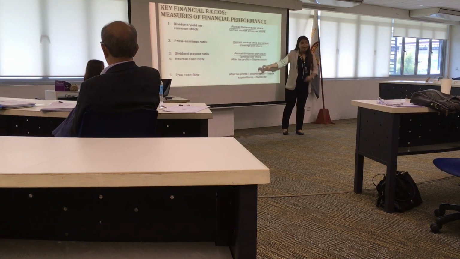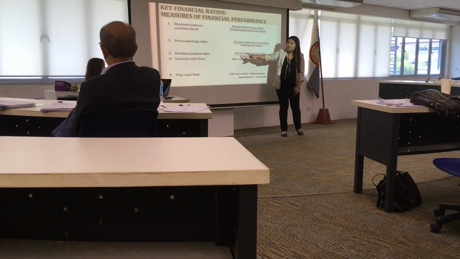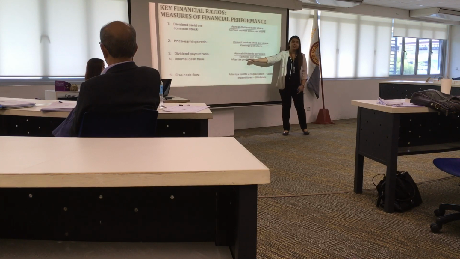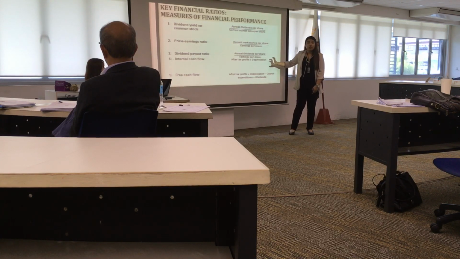Not because you are paying for the depreciation, but because you are allocating an amount of the capital and treating it as part of your expense. So, if you're asked to compute for your internal cash flow, the formula is simply to add back the depreciation to the earnings after tax. This will be the amount of your cash available for usage in the company's operation.